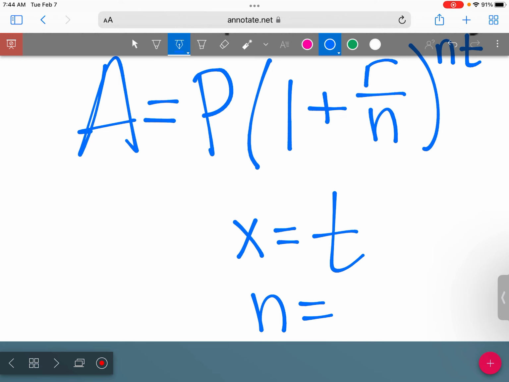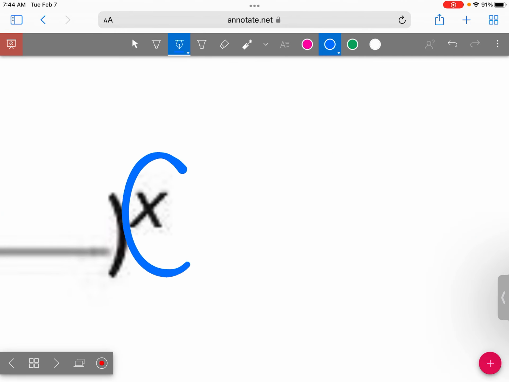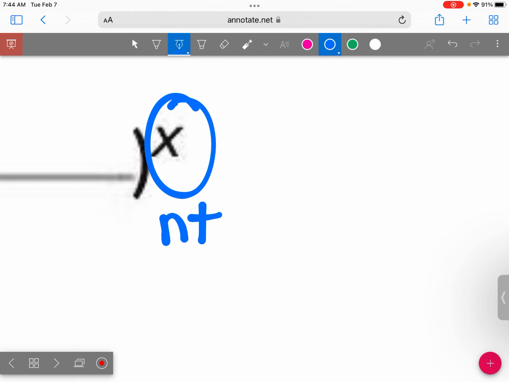So N in this instance is 1. That's why over here they just have X, because this is supposed to be N times T up here, which is just 1 times X. So it's just X. Does that make sense?